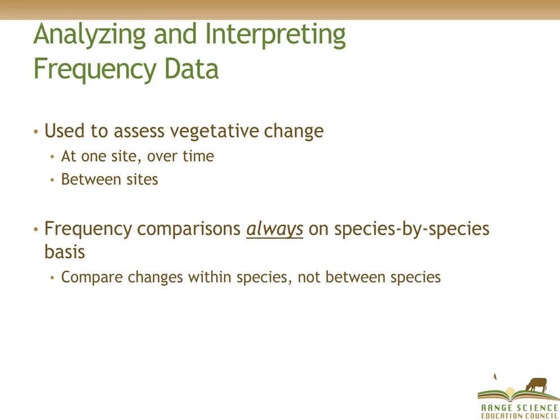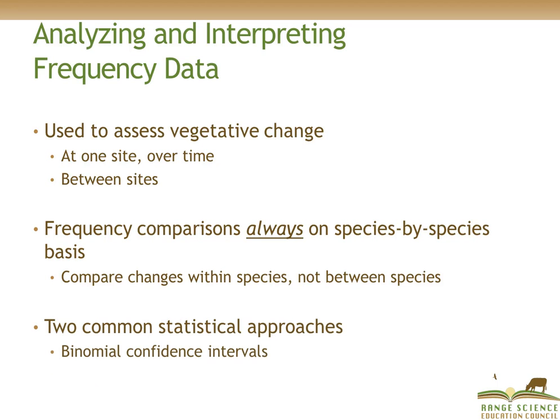Frequency comparisons are always done on a species-by-species basis, meaning that we compare changes within a single species and not between 2 species. The 2 most common statistical approaches are to use binomial confidence intervals or the chi-square analysis.